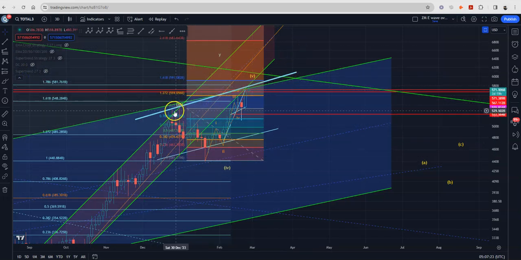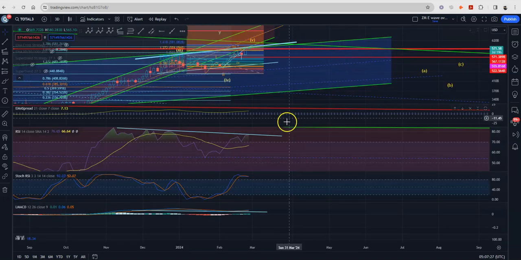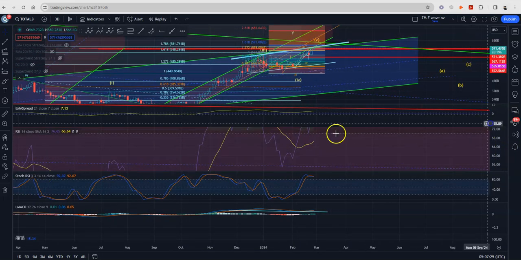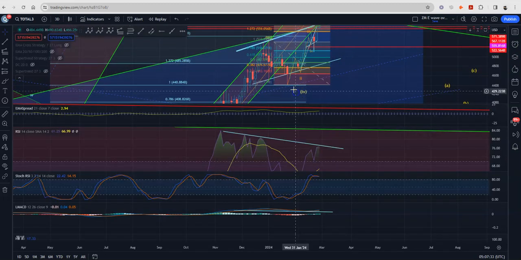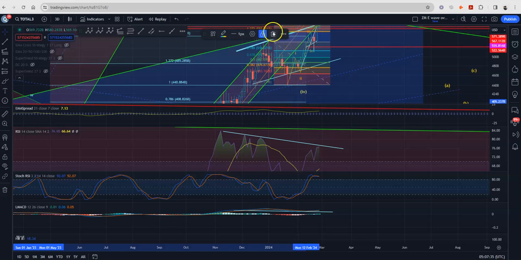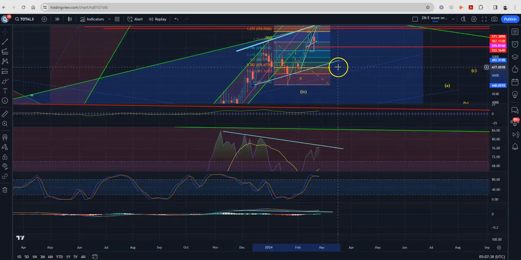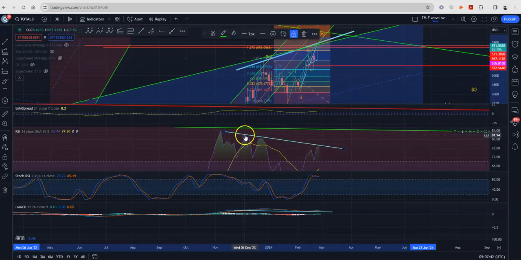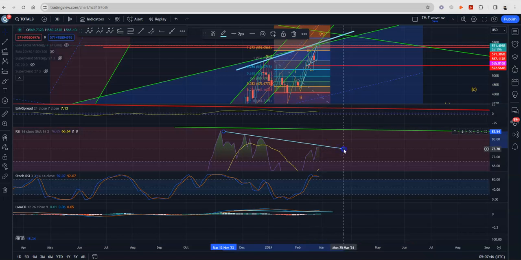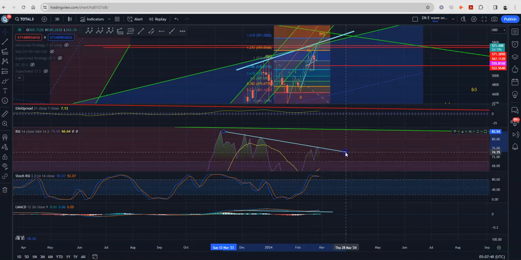Again, we have a bullish uptrend at the top, and on the RSI, let's make this more visible, we have a dropping RSI trend line.